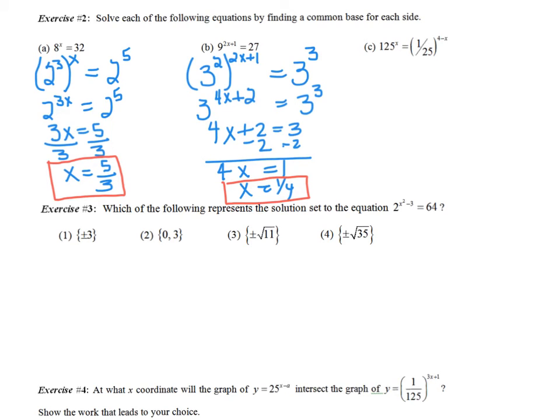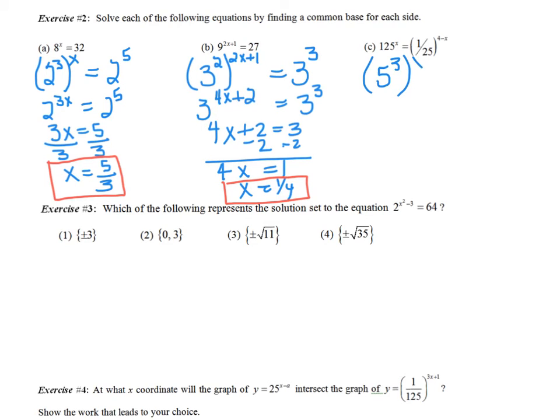Now looking at exercise C, I've got 125 to the x equals 1 over 25 to the 4 minus x. Think about what base, what number do I multiply by itself several times to get 125 and also 25. 125 is the same as 5 to the third power.